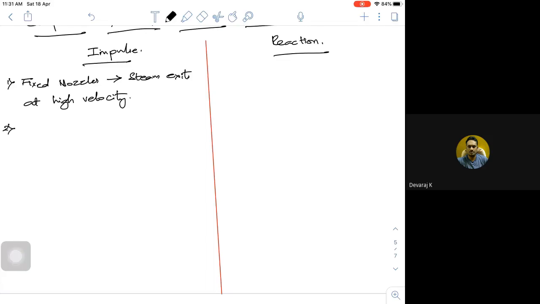Right. Then if you look at the blade profile, it is symmetrical. Why? Because there is no pressure drop taking place in the rotor.